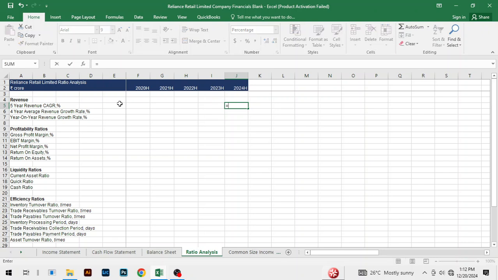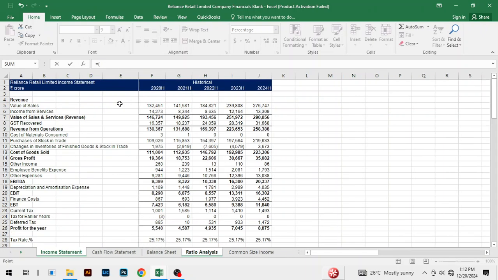Here I'm going to press the equal sign to initiate the formula, and I'm going to go to the income statement. I'm going to pick this revenue here, that's value of sales plus income from services, and then we have revenue from operations. So this is the total that I'm going to pick.